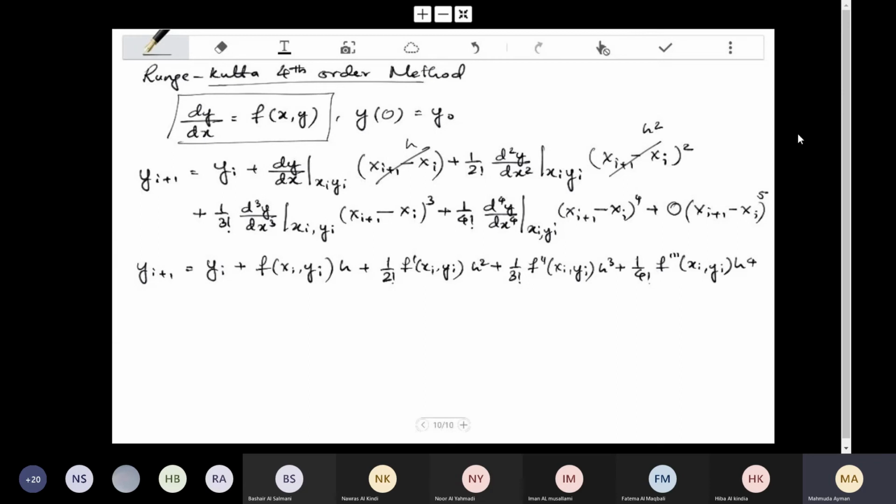So that's the first 5 terms of the Taylor series.